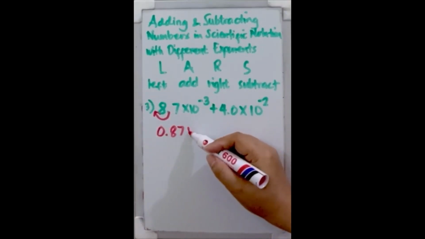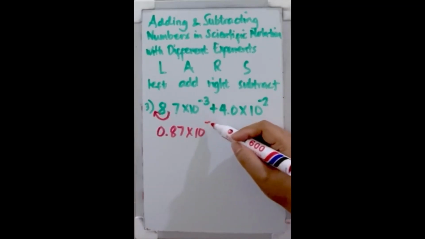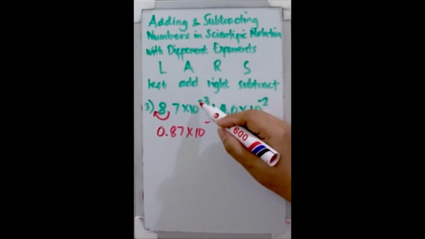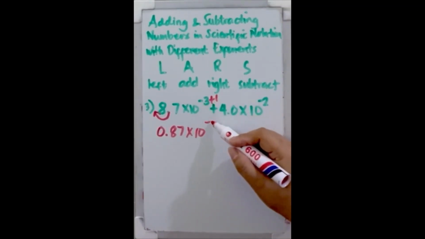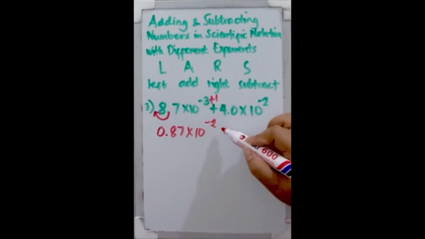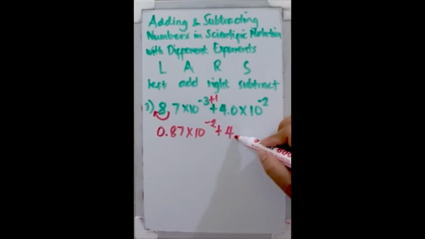0.87 times 10 raised to negative, okay, again, this is negative 3 plus 1. So negative 3 plus 1 is negative 2. Now, plus 4.0 times 10 raised to negative 2. Now, they have the same exponents.